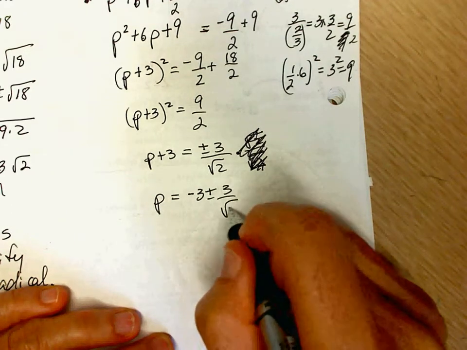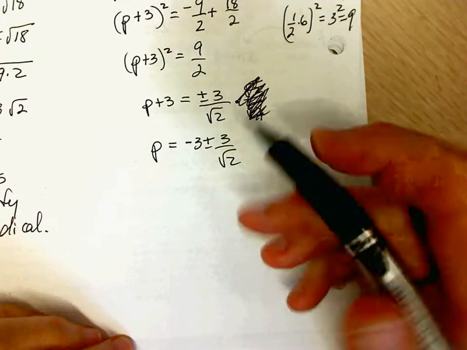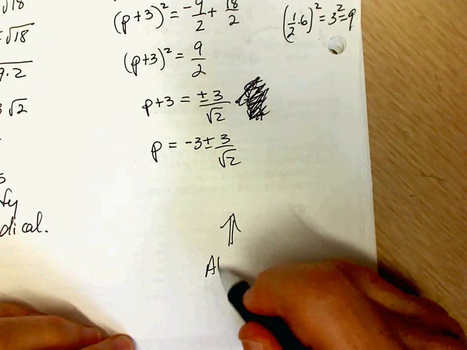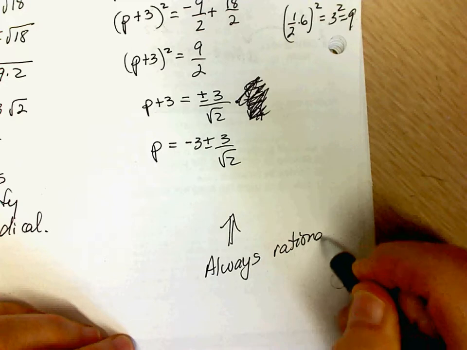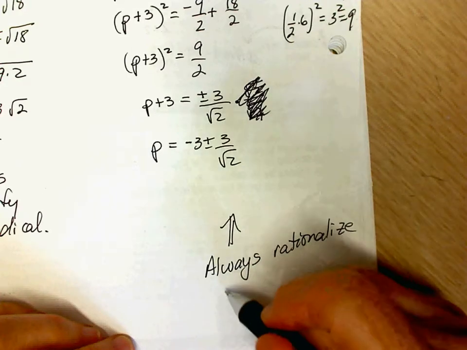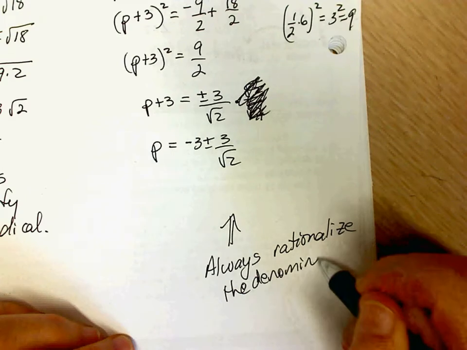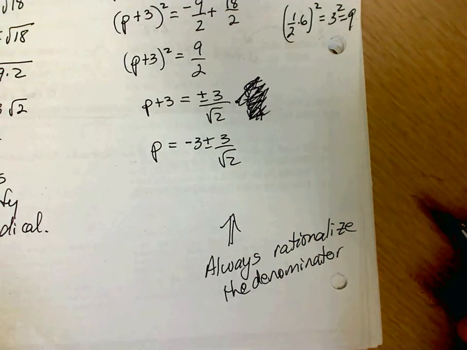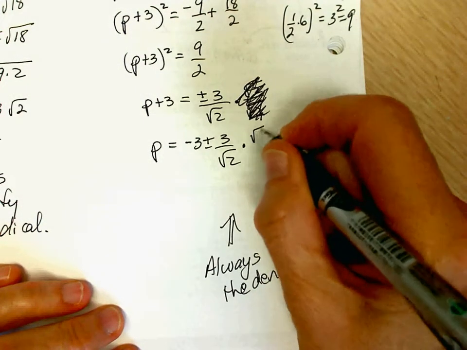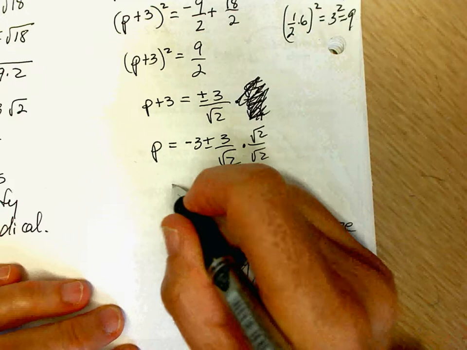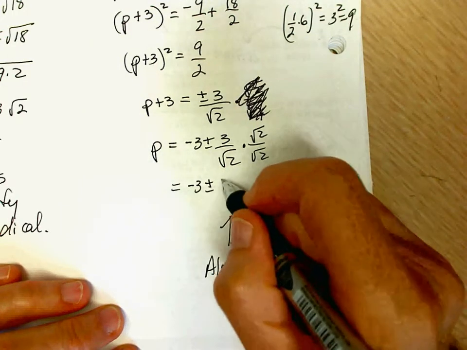Okay, but we need to rationalize this denominator, like always rationalize your denominator. Always, always, always. So we rationalize this guy, multiply by root 2 over root 2. This is going to be negative 3 plus or minus 3 root 2 over 2.